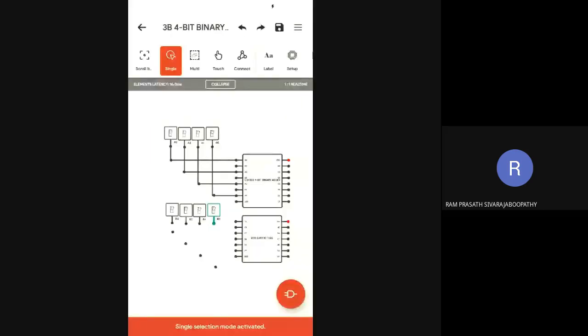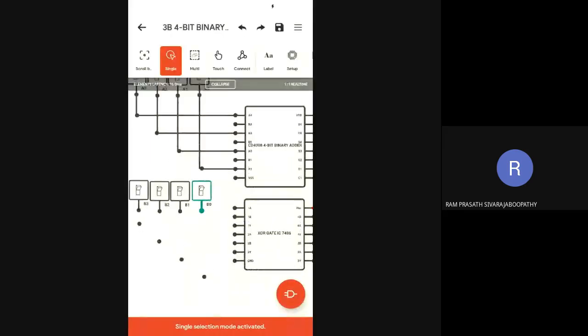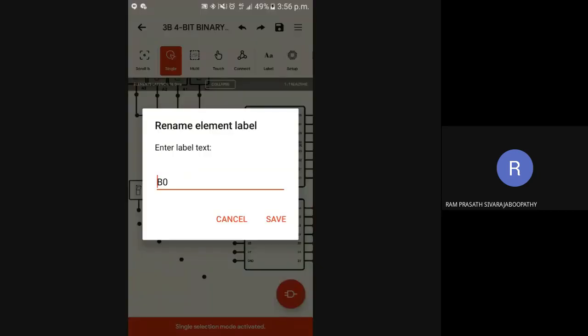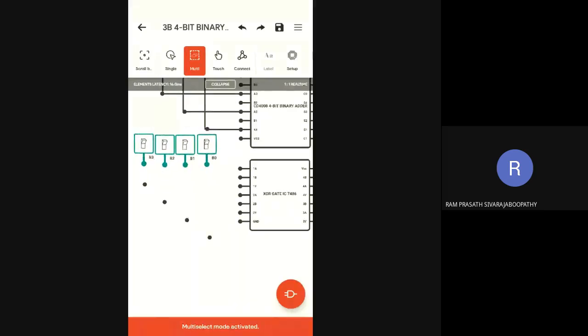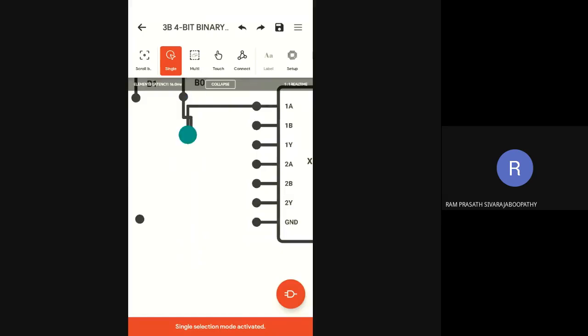Okay, so now what I am going to do is I am going to connect all the switches as one of the input to all the XOR gate. So now I am going to connect B0. I am going to connect as 1A. This mode.